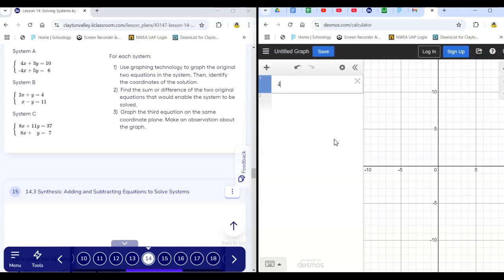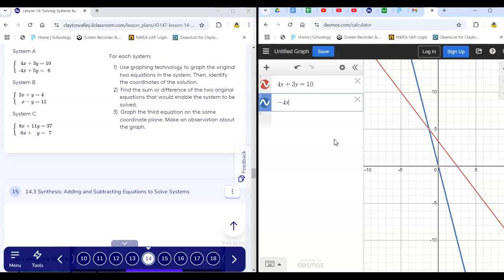You're going to type 4x plus 3y equals 10. There's one line. And then you're going to type negative 4x plus 5y equals 6. You're going to identify this point, (1, 2).